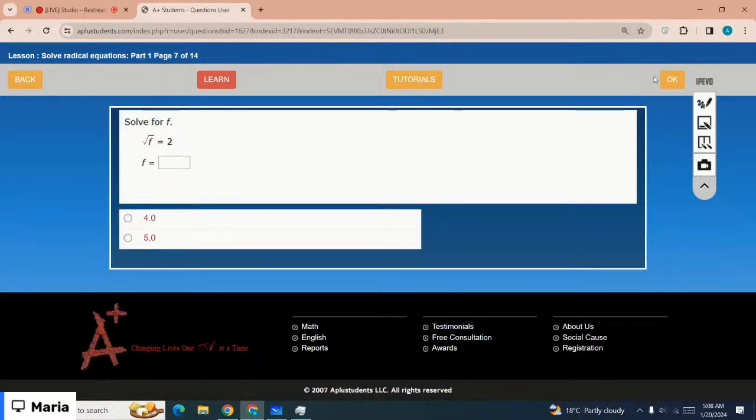Solve for f. Square root f equals 2, which is the correct option?